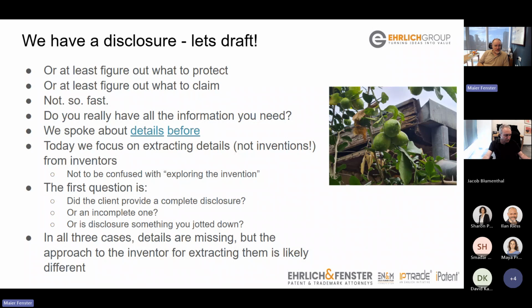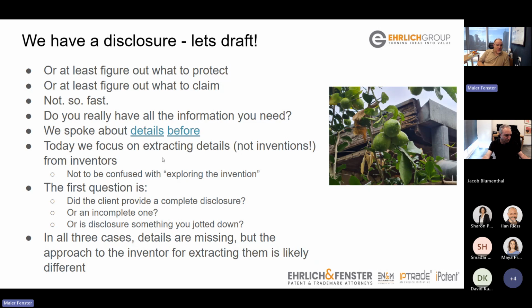But I hope it's clear that the approach that you use in order to get the missing details from the inventor client are going to be different. Now, I note that I didn't talk much about the client. I'm talking mainly about the inventor. When you have a client, an IP manager, so that client is between you and the inventor. So maybe that IP manager should be doing everything that I'm talking about here.